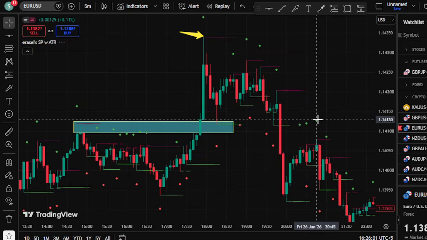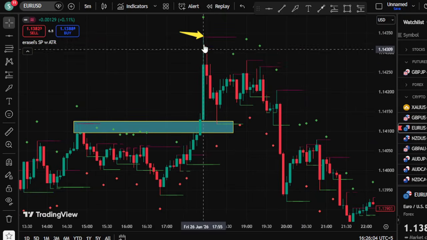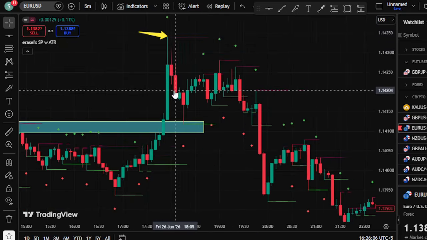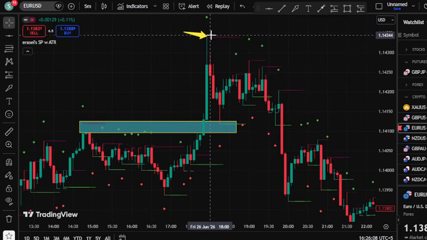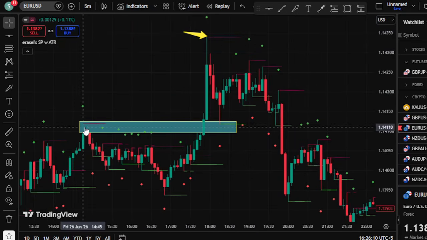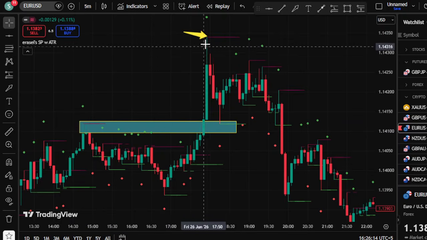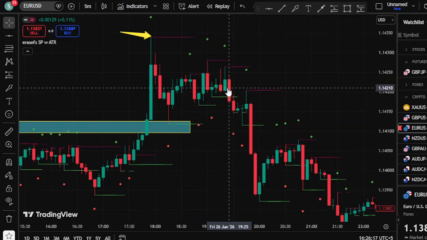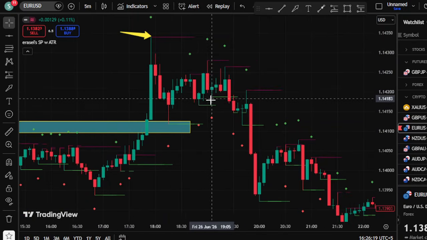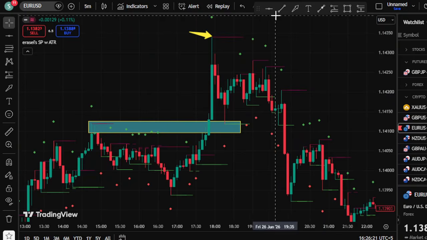Now after one candle this level will come. But you need to confirm that this level is coming after the break of the resistance, because the market has liquidated this resistance properly, and now you can go for the sell entry.